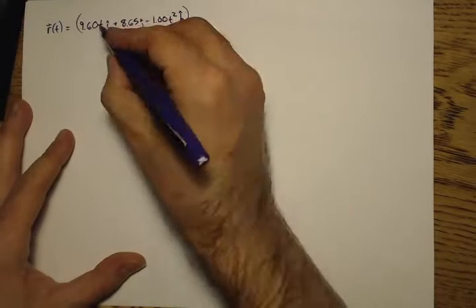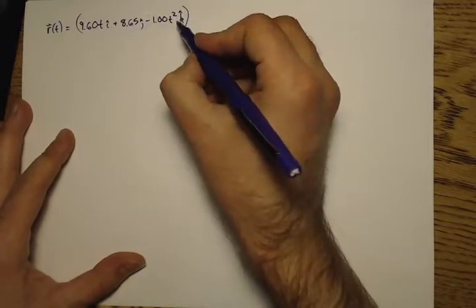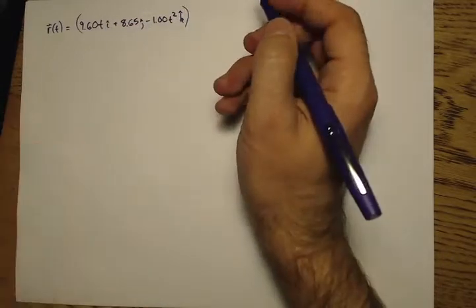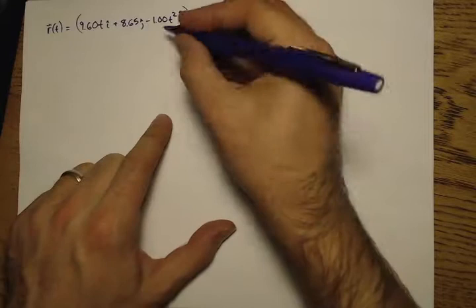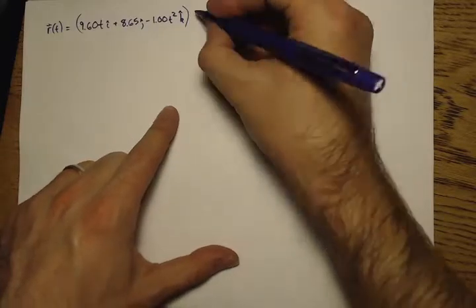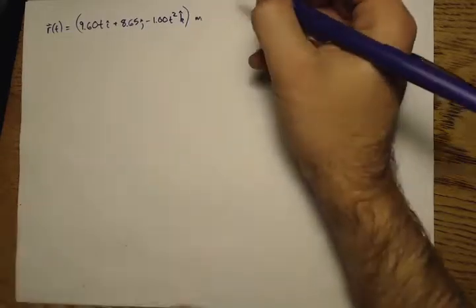So this is the x component, the y component, and the z component of this position. So these are all coordinates, basically. And this is in units of meters.